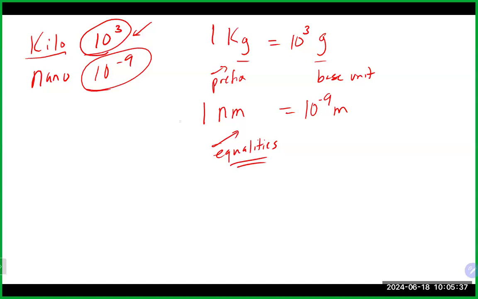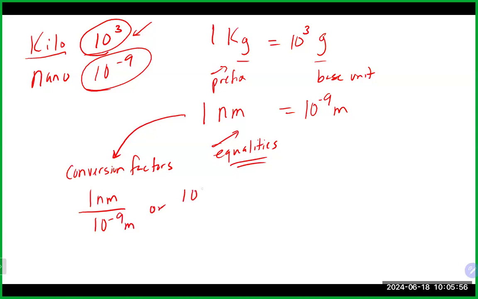By the way, from any equality you could write conversion factors, which are basically just fractions that you could use in calculations, which we'll talk about a little later on: 1 nanometer over 10 to the minus 9 meters, or you could do the opposite, 10 to the minus 9 meters over 1 nanometer. By the way, the 10 to the minus 9 or the 10 to the 3 is basically scientific notation. That is basically 1 times 10 to the minus 9 or 1 times 10 to the 3. Any questions on that?